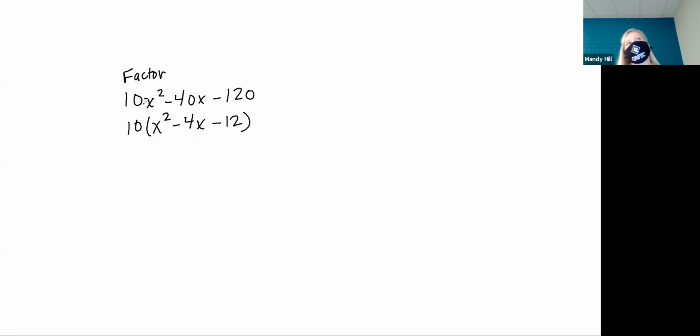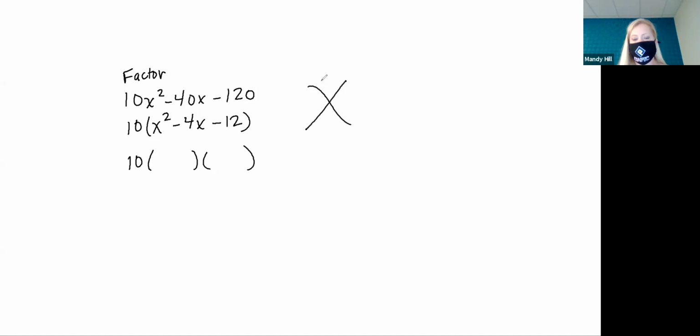So I divided 10 by 10 and got 1. Negative 40 divided by 10 and got negative 4. Negative 120 by 10 and got negative 12. Okay. We know that our finished product is going to have the 10 in the front.